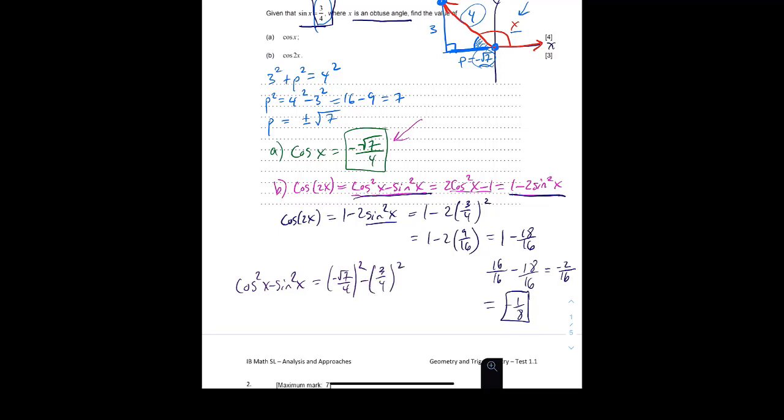Those are my values of cosine and sine respectively. Square the top, square the bottom, right? So negative root 7 times negative root 7 is just 7 over 16, minus 9 over 16. This will give me negative 2 over 16, which will give me the same answer, negative 1 over 8.